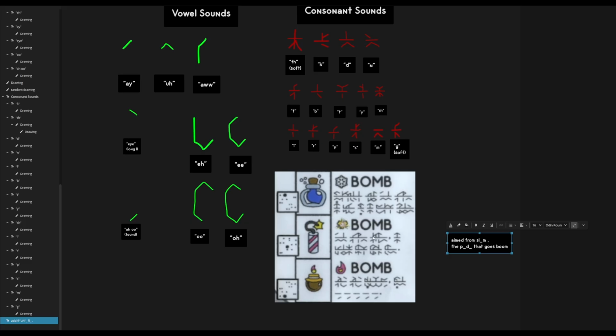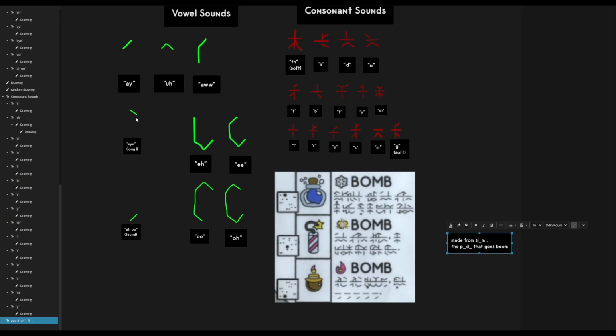Aimed from S something L M. Wait, S L something M. Is that like the A sound? Aimed from slam? That doesn't make any damn sense. Made. Oh my god. Why am I putting the vowel first? Because it's on the top. Made from slime?